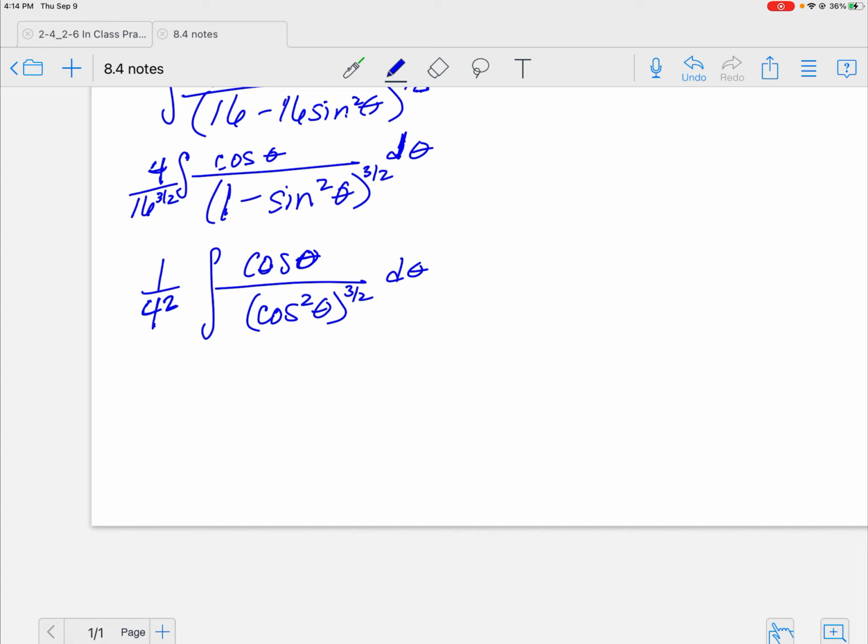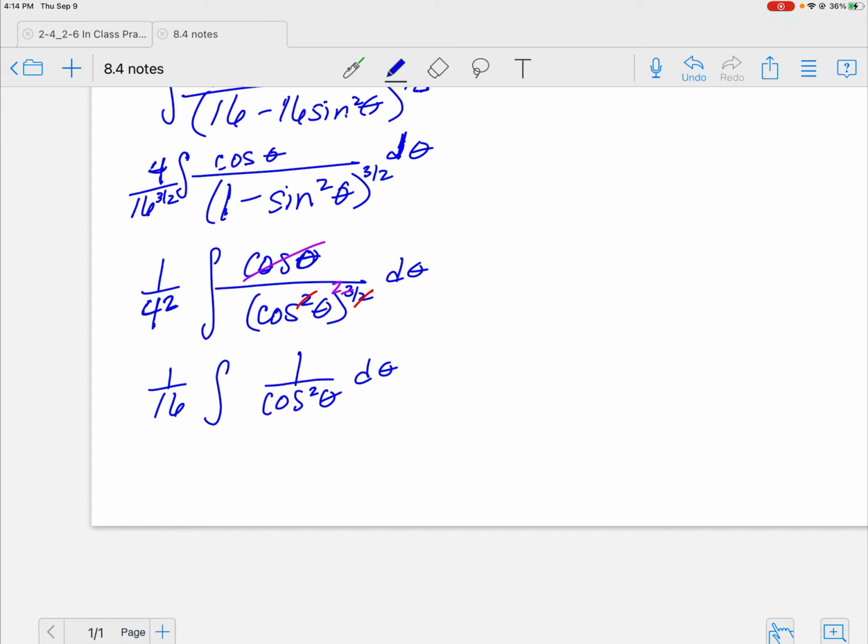All right? I'm square rooting something squared. So this 2 cancels out that 2. And so it's cosine over cosine to the 3rd power. Do you see that? So one of these cosines takes out of those 3 and just leaves me with a 2. So I've got 1/16 out front of 1 over cosine squared theta d theta.